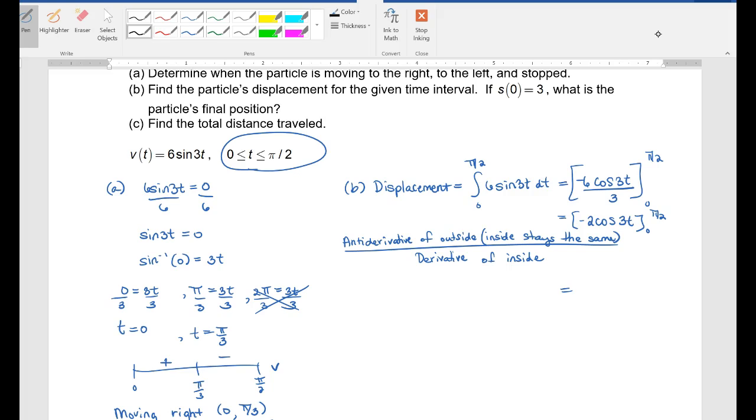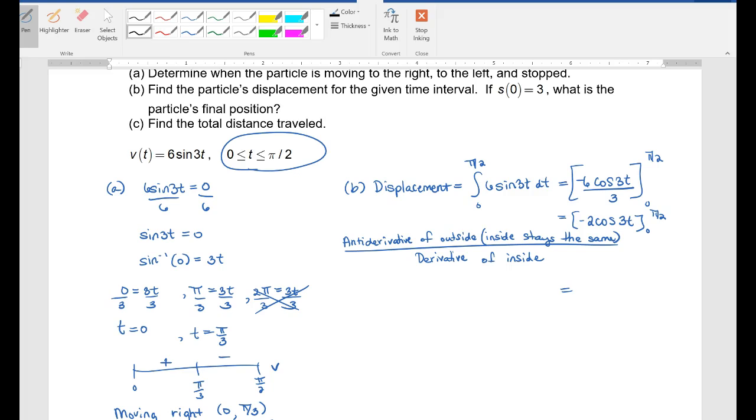Is it positive or negative? Positive. So it's sine of 2x, and then you just divide by that derivative of the inside. And then that would be a plus c. Okay? So if I have e to the 4x dx, what would that be? It would be e to the 4x divided by 4.